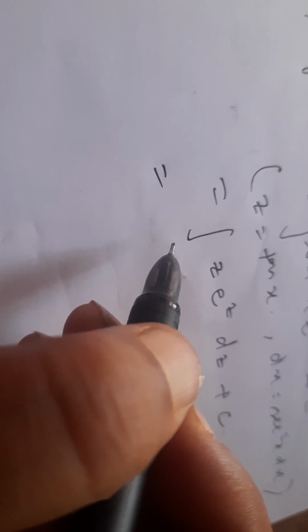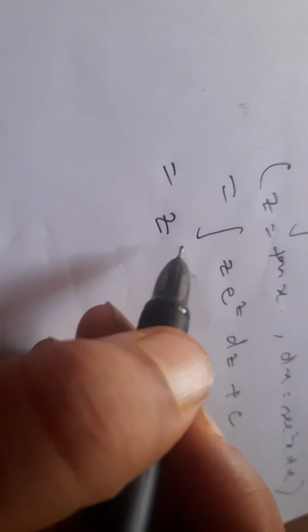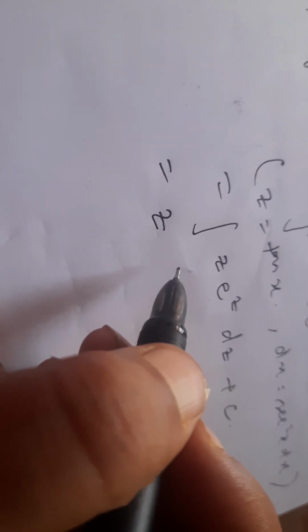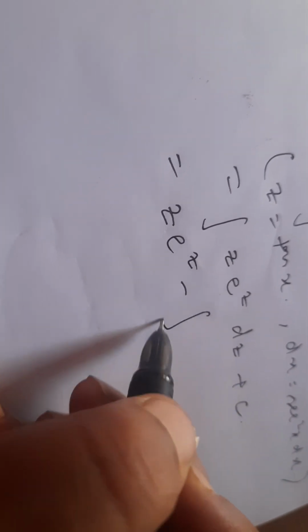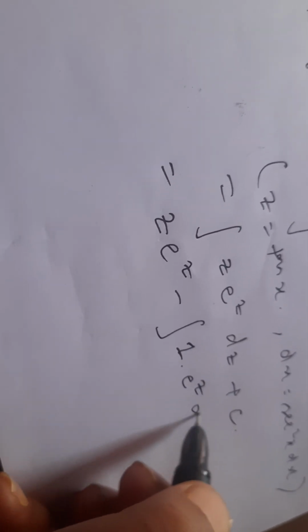we are getting first function times integration of second, that is z into e to the power z, minus integration of differentiation of first function, that is 1, into integration of second, dz, plus c.